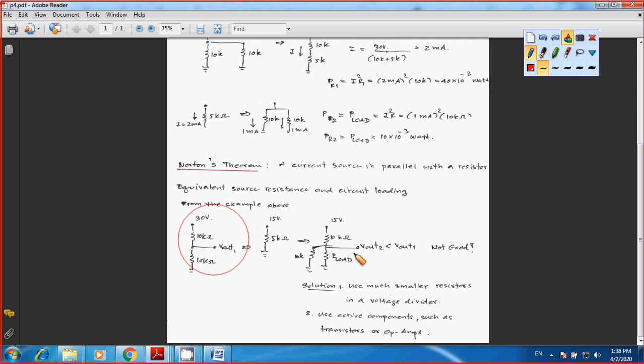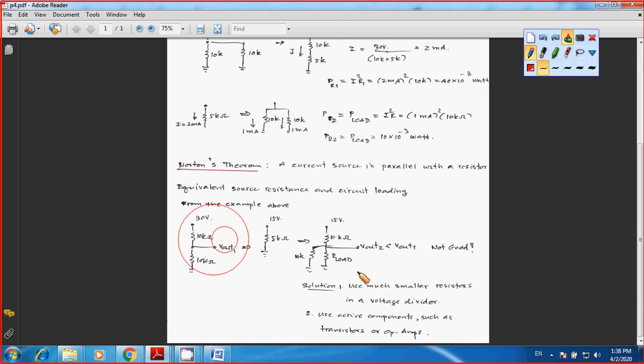Well, when you have the load in the circuit, you know that your V out is going to be less than V out without load. So that's not good, because as I mentioned earlier, you want to maintain your output voltage. You don't want your output voltage to drop.